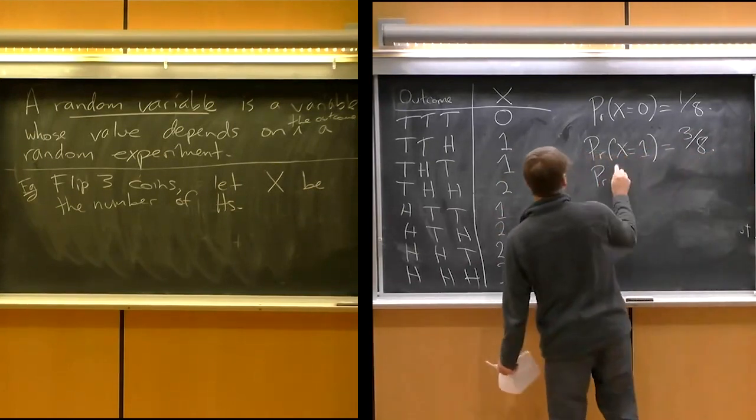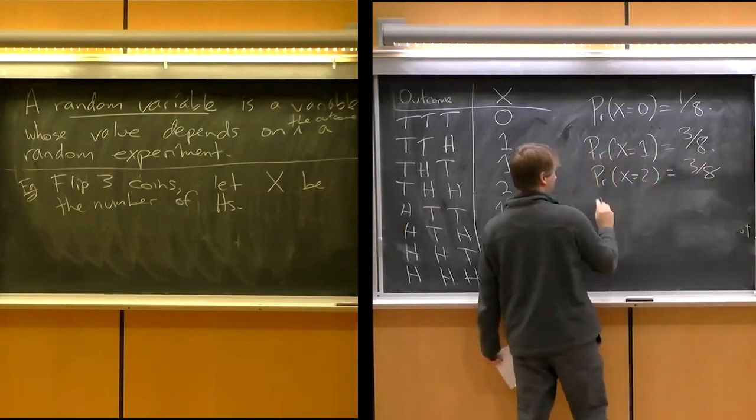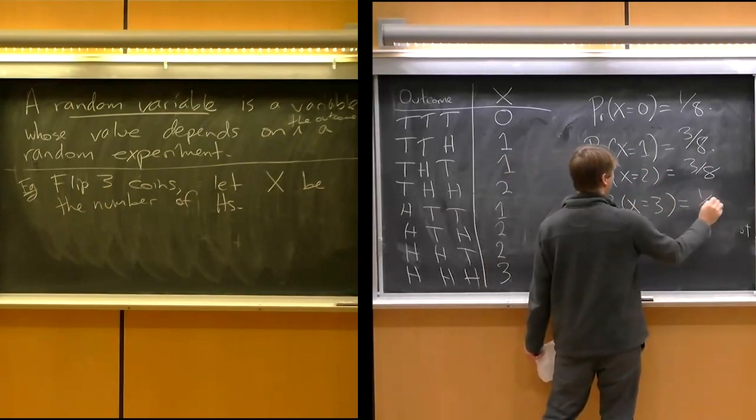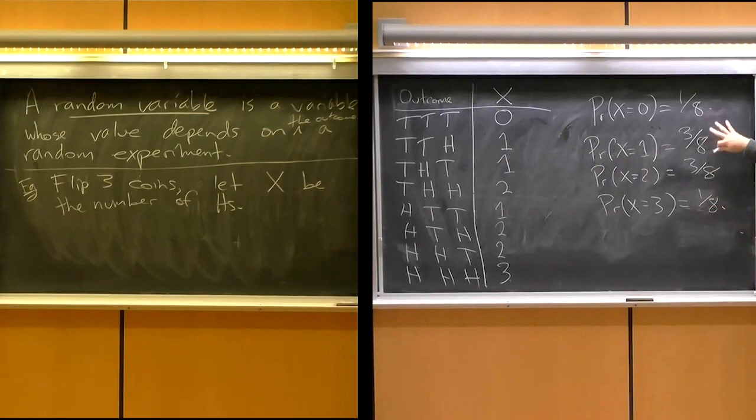Similarly, probability x is 2 is 3 over 8. And the probability x is 3 is 1 over 8. Right? And as you would expect, when you add them all up, they sum to 1, right?